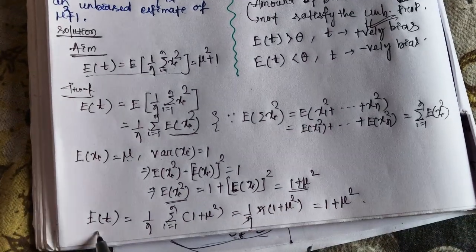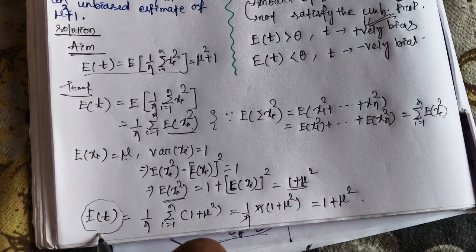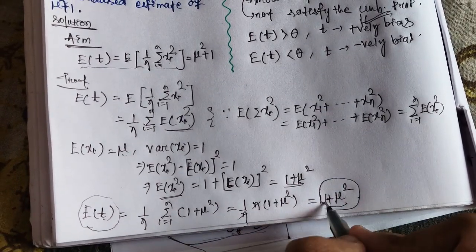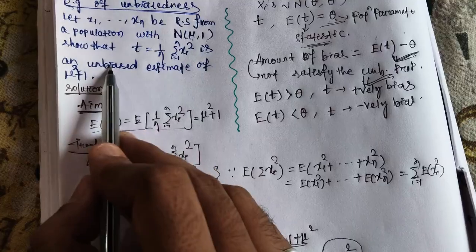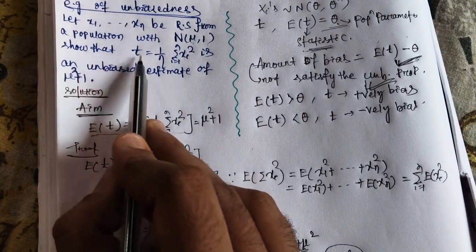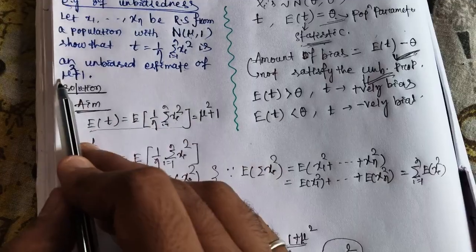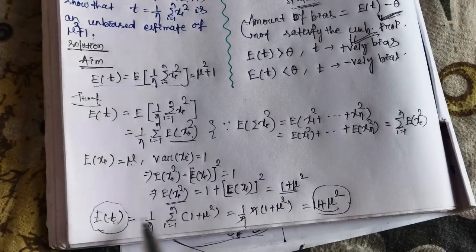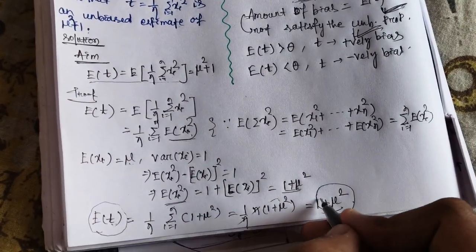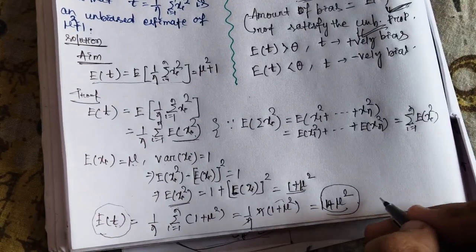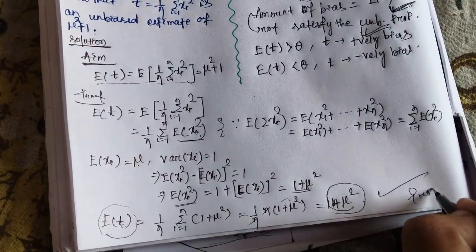So here we get expected value of our statistic T equals 1 plus mu square, which is given in the question. So T equal to 1 by n summation Xi square is an unbiased estimate of mu square plus 1. We proved it, as expected value of T equal to 1 plus mu square. So this is proved.